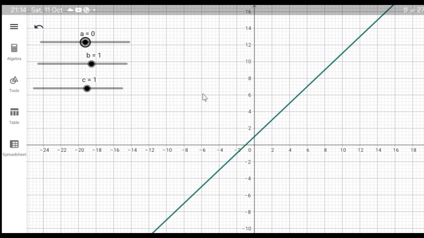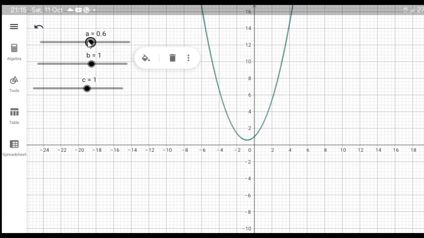Don't forget that for us to have a quadratic equation, A must not be equal to 0. Because if A becomes 0, the x squared disappears, and it becomes a linear equation. And when it becomes a linear equation, you are expected to have a straight line graph, just the way we are seeing this one.